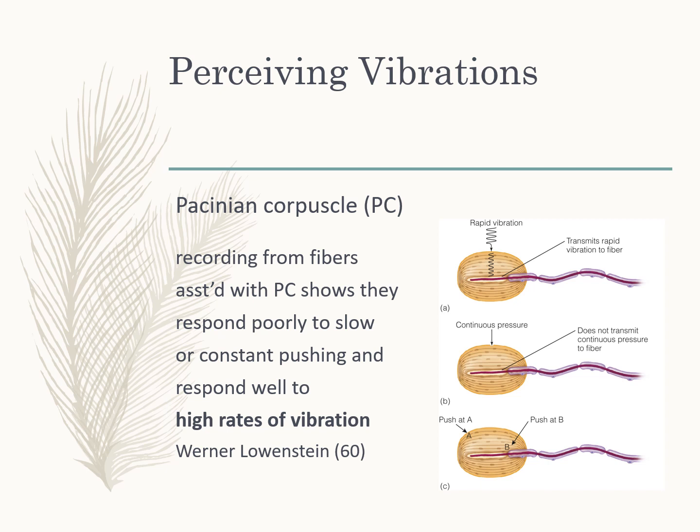And so one of the things that Lowenstein did was he did a continuous pressure out at the outer edge of that corpuscle, where the corpuscle piece you can see kind of looks like an onion. So we have these layers with liquid in between them, and in the very center is a bare nerve ending, which bare nerve endings are what we're going to end up seeing when we talk about our nociceptors and our pain signals.